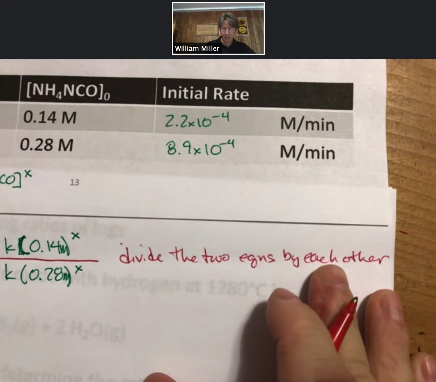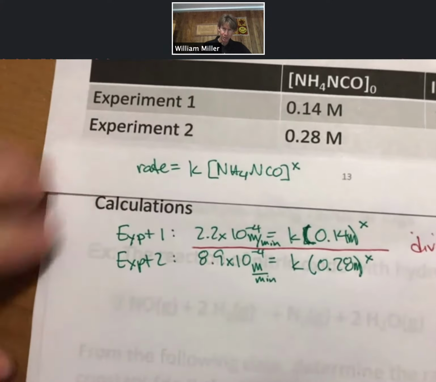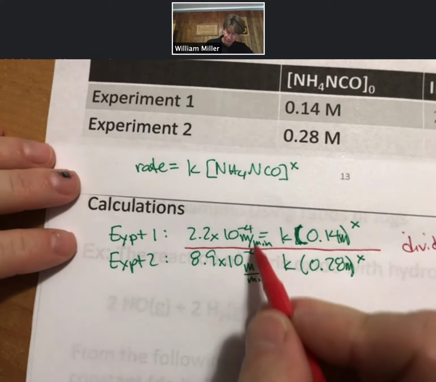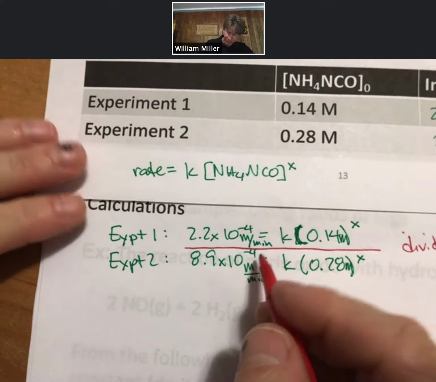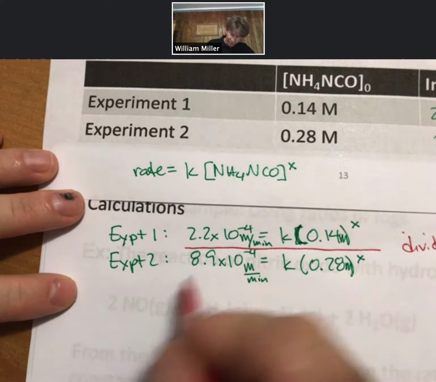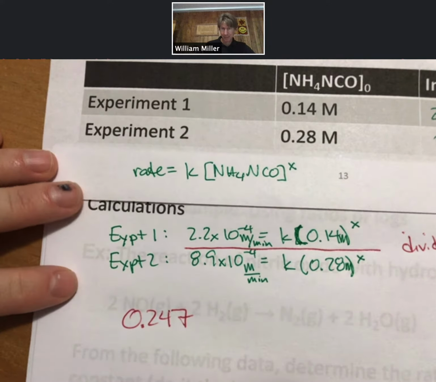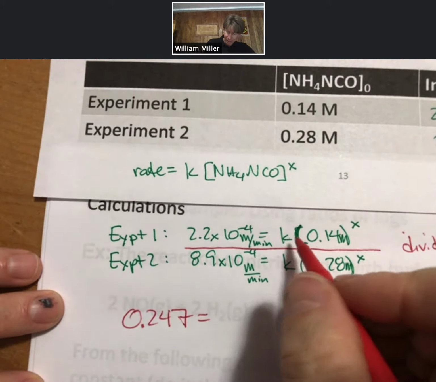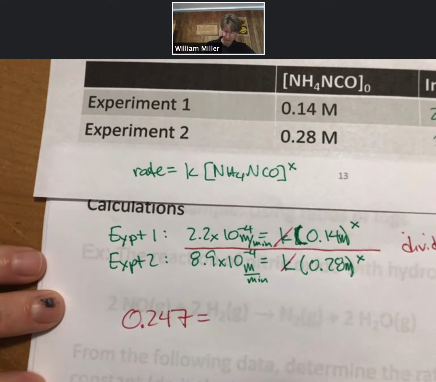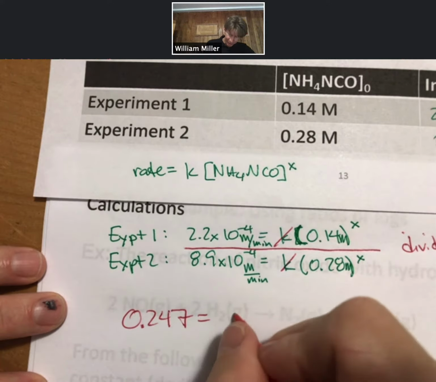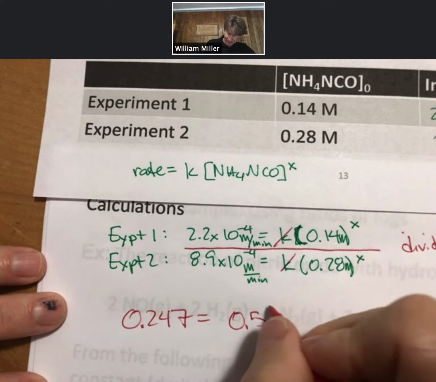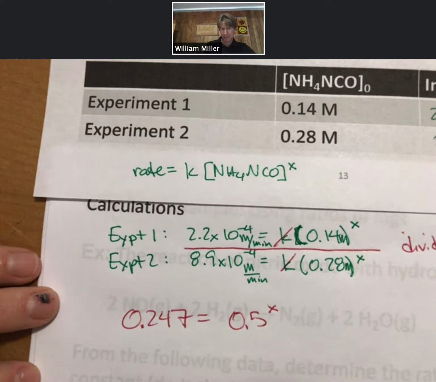What you get then is your units do cancel out. You get 0.247 on the left-hand side. Your k's go away, yay, and you get 0.5 to the x on the right-hand side.